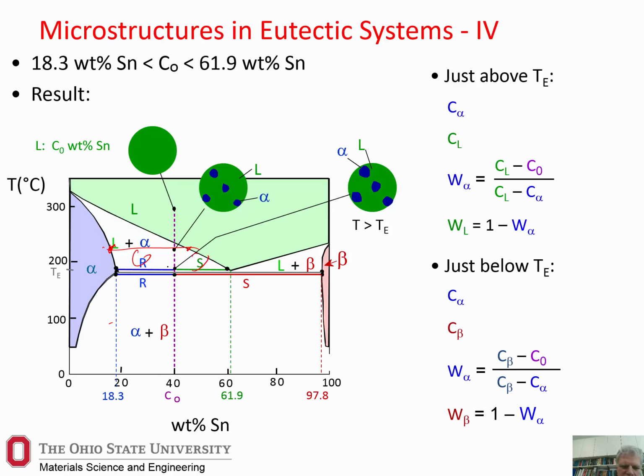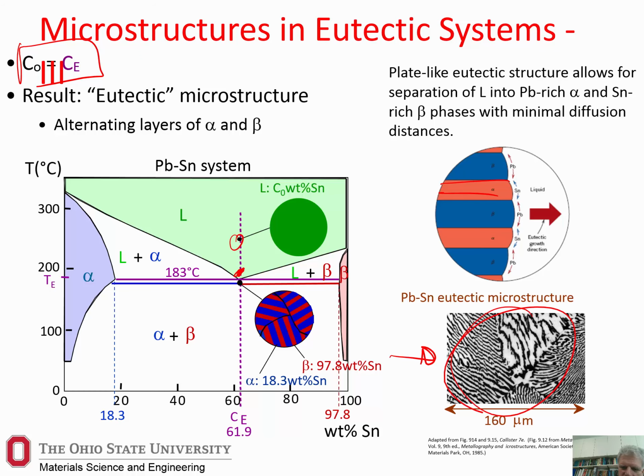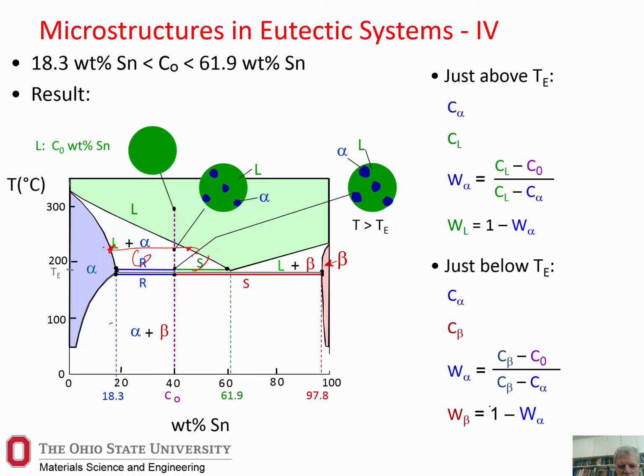So you'd get something like this. The remaining liquid is going to go back and do exactly what we had here, form a structure like that. So you get down to this temperature, and the remaining liquid, which is shown as green, turns into this lamellar or stripy structure. It's not a phase. A phase is a constituent within that.